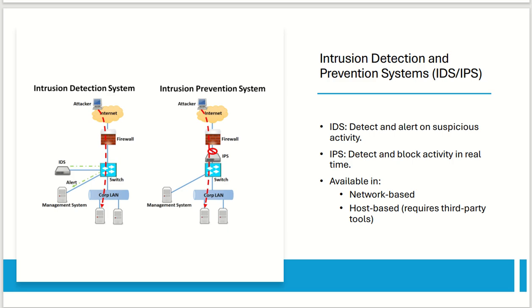If you refuse to leave, the security guard can call for backup, and then security, police, or the military would come and arrest you and take you away. That's what IPS does. IPS will detect an activity in real time that looks suspicious, and it would go ahead and block this activity.